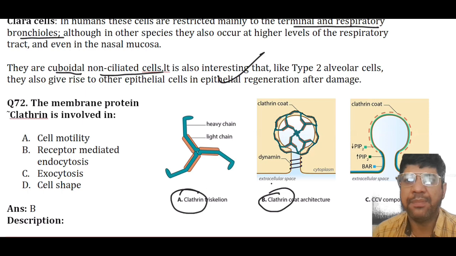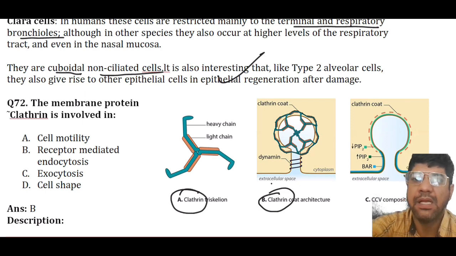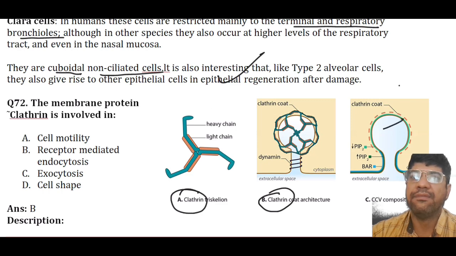So receptor mediated endocytosis is an essential mechanism for cells to internalize specific substances like nutrients and signaling proteins by binding to receptors on the cell surface and then engulfing them in a vesicle coated with clathrin.